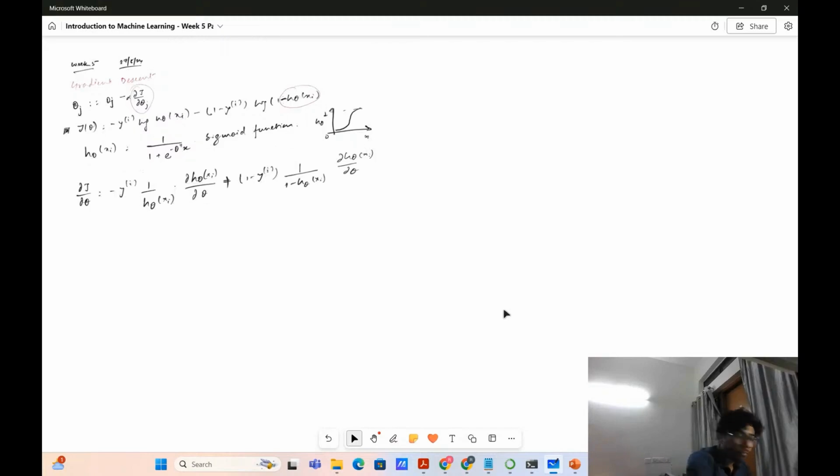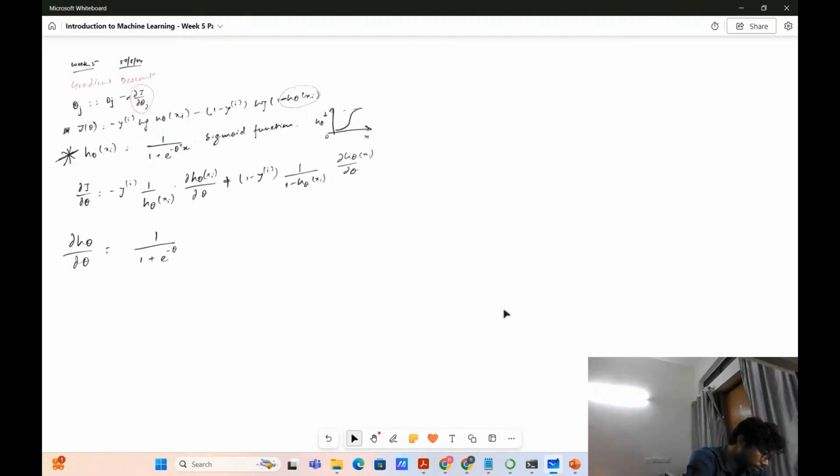Now, one thing that we have to calculate is del of h theta with respect to theta, the derivative of h theta with respect to theta. So we'll consider this line and take the derivative of this h theta. Again, the derivative of 1 by x is minus 1 by x square.